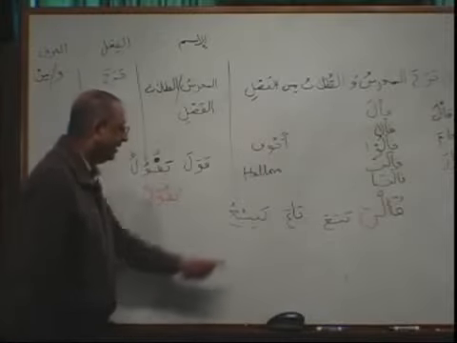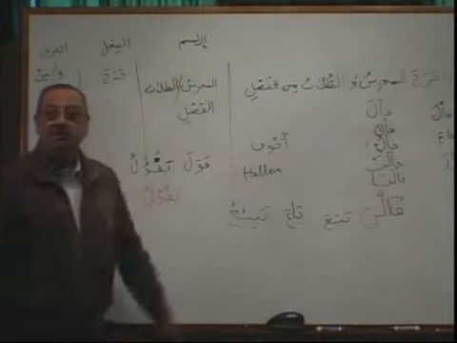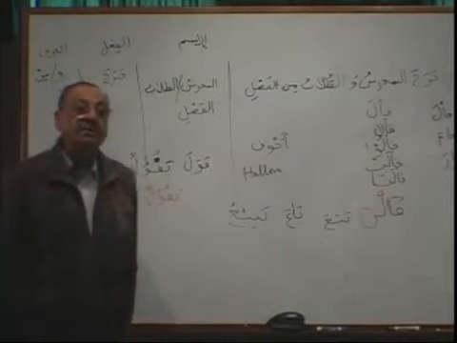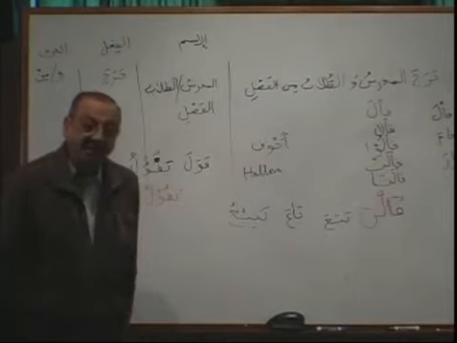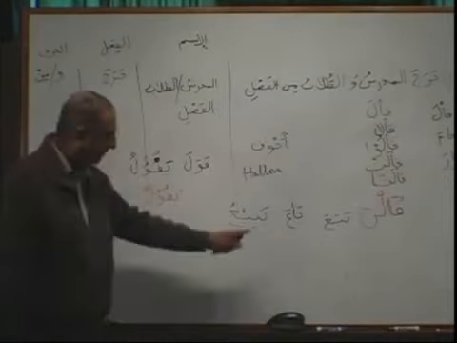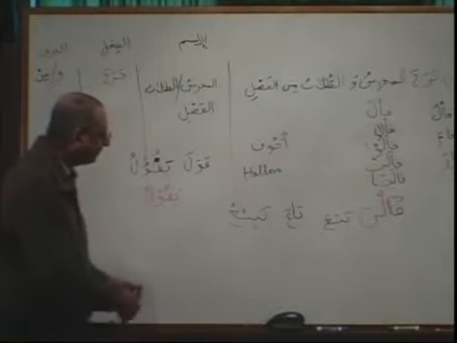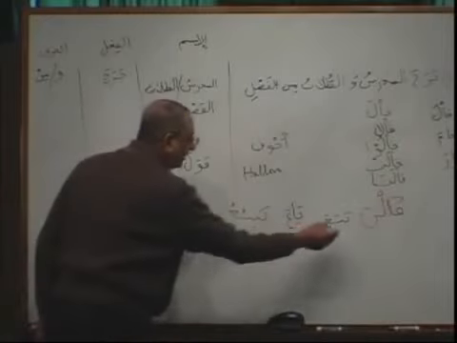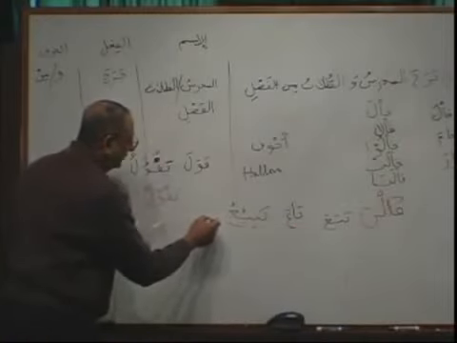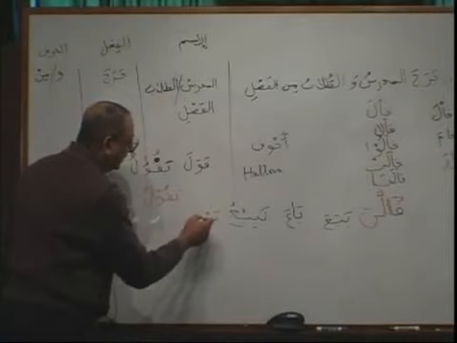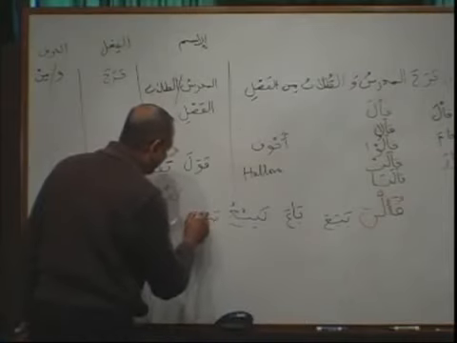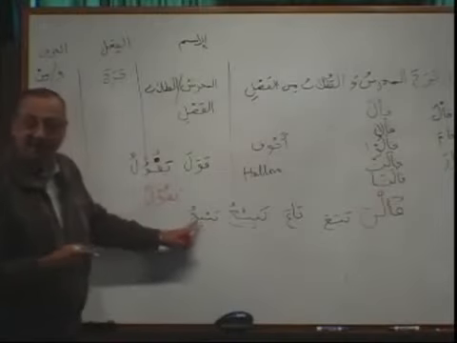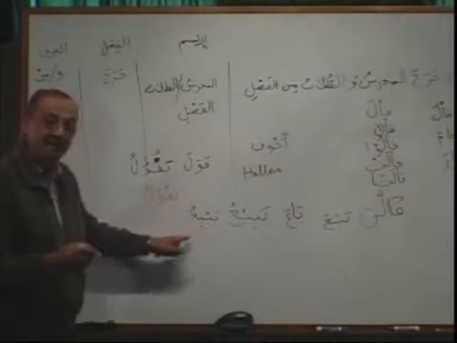So, brothers and sisters, yabi'u. Now, what kind of a verb is this? What kind of a bab is this? Bab daraba. Daraba yadribu. This is bab daraba. Okay? And then originally, this is the root. Daraba yadribu.